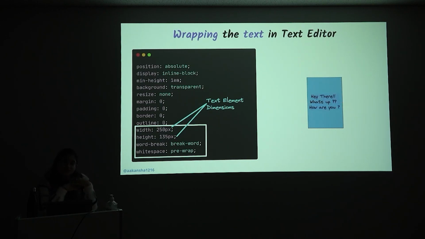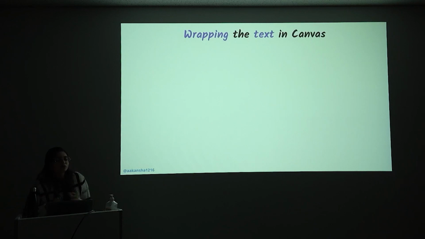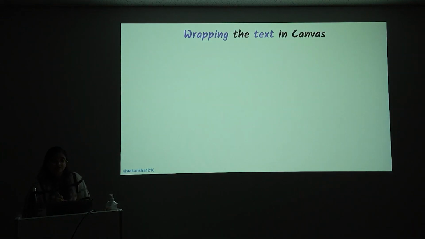So how can we do that in the canvas? In canvas, it's not really straightforward because you can't say that if the text overflows, just wrap it to the next line. That is not something you can do in the canvas. And canvas doesn't support multi-line either.